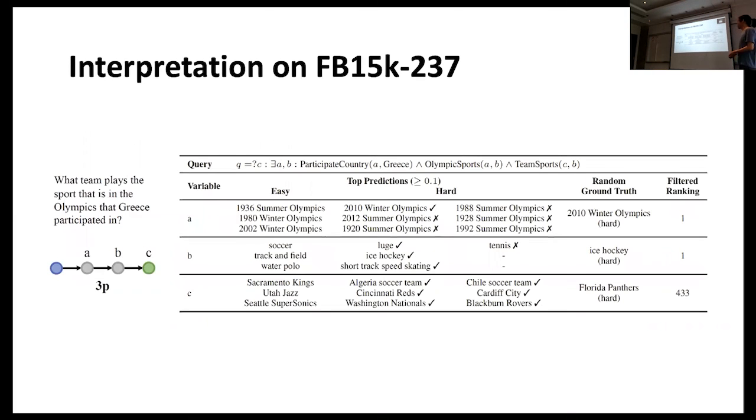It can also provide interpretation for its prediction, because we can simply take the elements with the top probabilities in the fuzzy set and visualize the predictions. We can say A corresponds to these entities, B corresponds to these entities, and C corresponds to these entities.